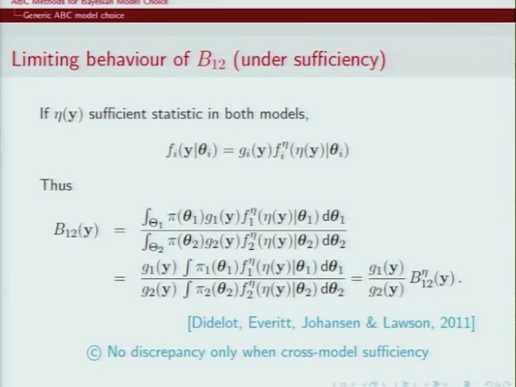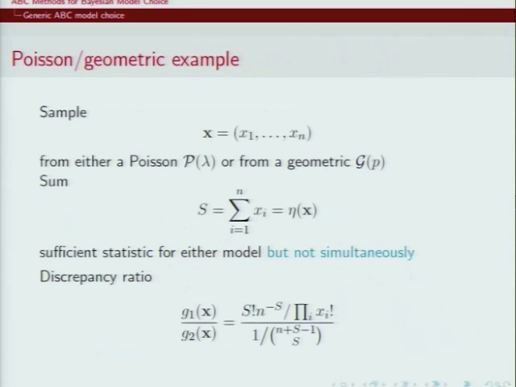So the inference based on B eta may be completely different from the inference based on the original B12. And that's why using the Bayes factor in an ABC setup with sufficient or insufficient statistics may lead to different conclusions as to which model is the most appropriate for the data. So there is a potential danger for discrepancy there.